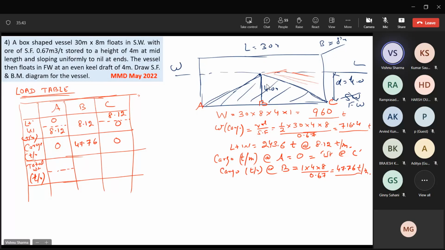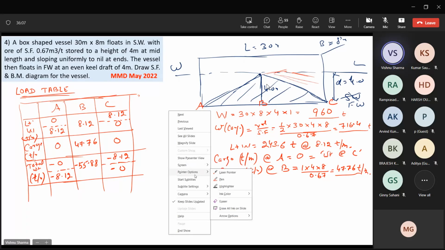Two cells are divided. It will be 0, 8.12, then 55.88, and this will be 8.12 and 0. Since it's downward weight, we'll suffix with a negative sign here as we had done the other day.